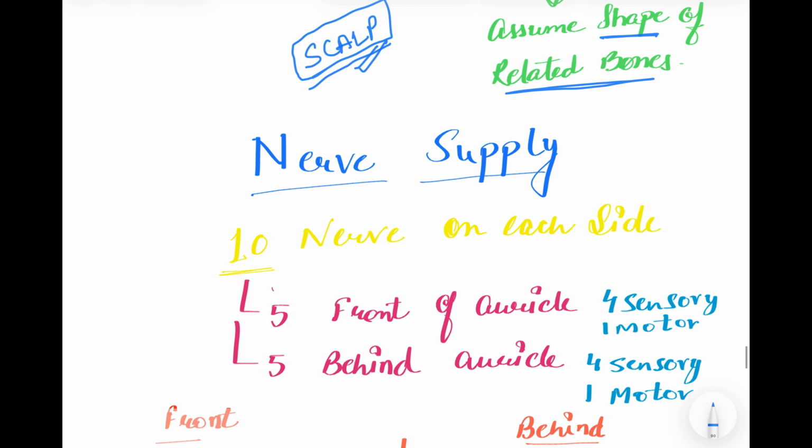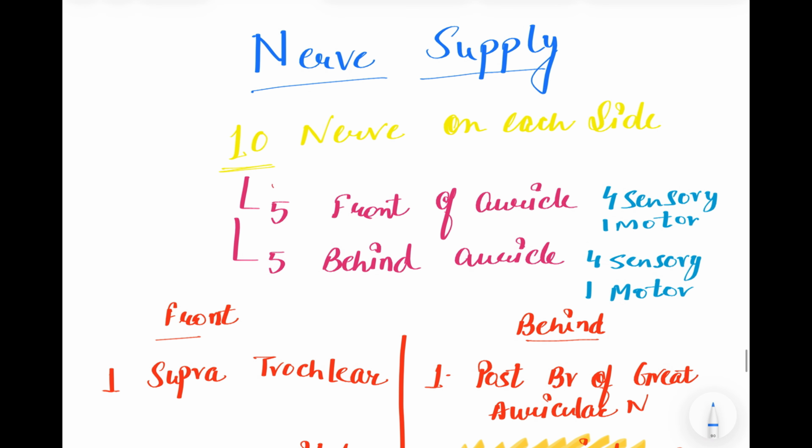Now we will be taking the nerve supply. For the nerve supply of the scalp, you should remember that there are 10 nerves on each side. So if I draw, this is the top view, you will divide it into 2 halves. So you'll have 10 on this side and 10 on this side. Now this is my auricle, if I say. I'm going to have 5 in front of my auricle and 5 behind my auricle.